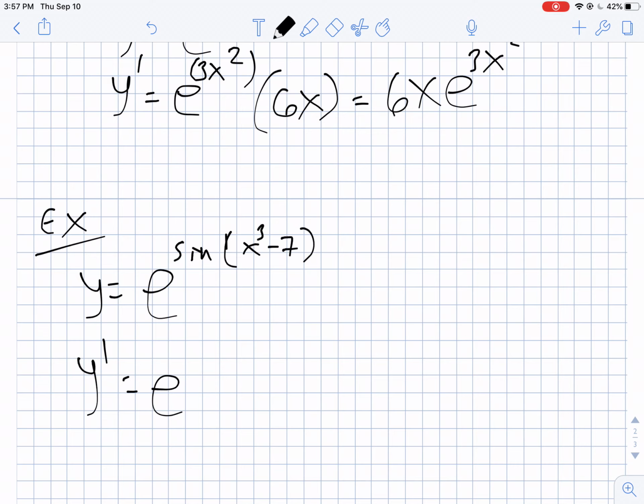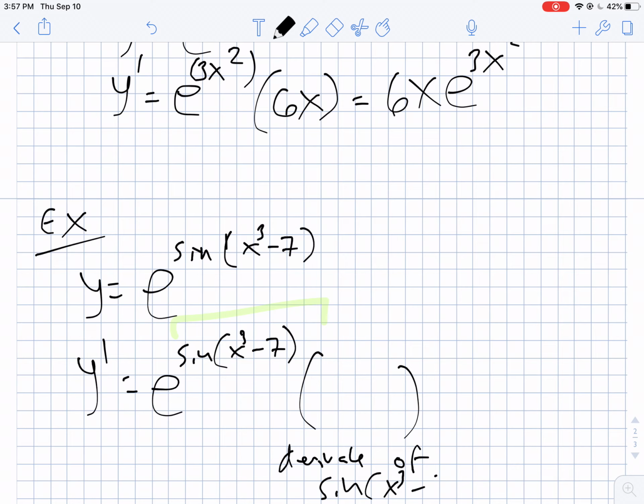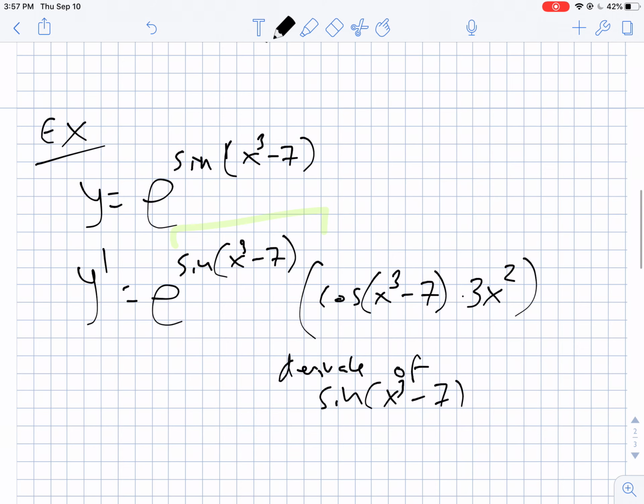The derivative of e to the stuff is e to the stuff, so e to the sine of x cubed minus 7 times, and then all in parentheses, I have to take the derivative of sine of x cubed minus 7. So then I'll just proceed from there. The derivative of sine of x cubed minus 7 is cosine of x cubed minus 7 times the derivative of that, which is 3x squared. Okay, so that's my derivative.